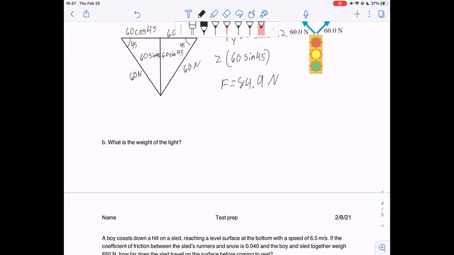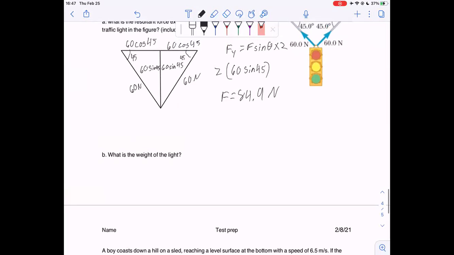So now, because we did find the force in the y direction, the weight of the light is going to be 84.9 newtons, because weight is equal to force in the y direction.